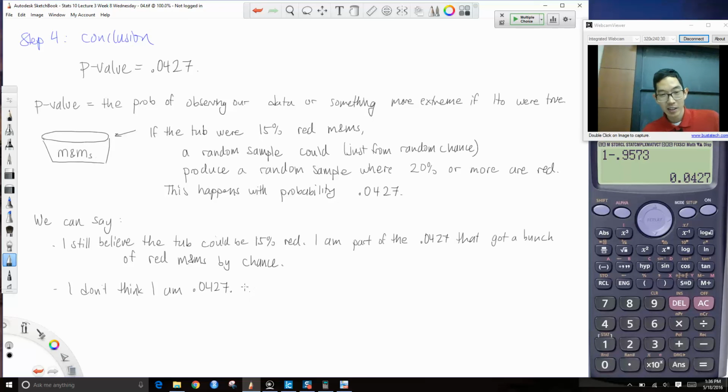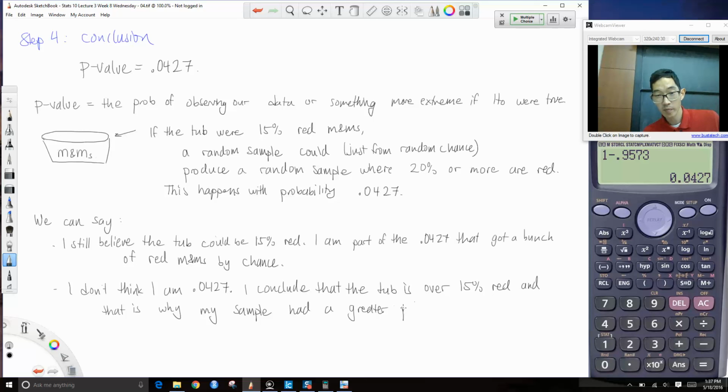I conclude that the tub is over 15% red, and that is why my sample had a greater proportion of red M&Ms.